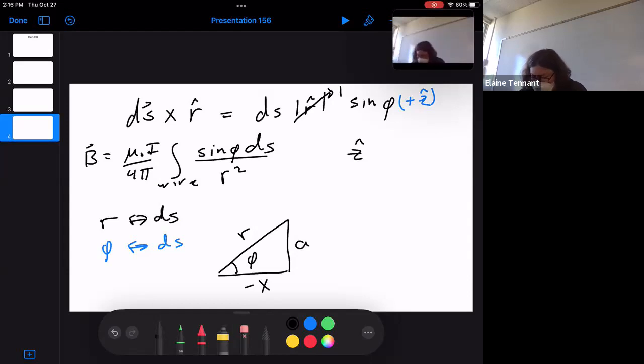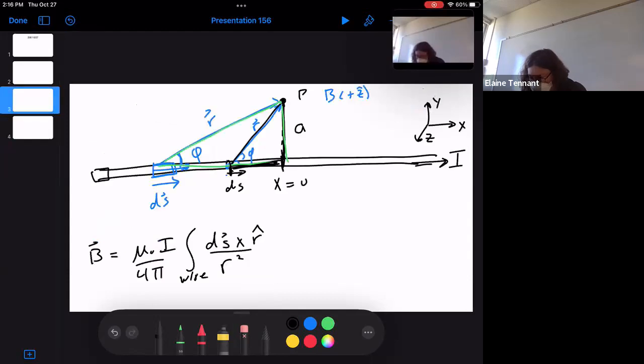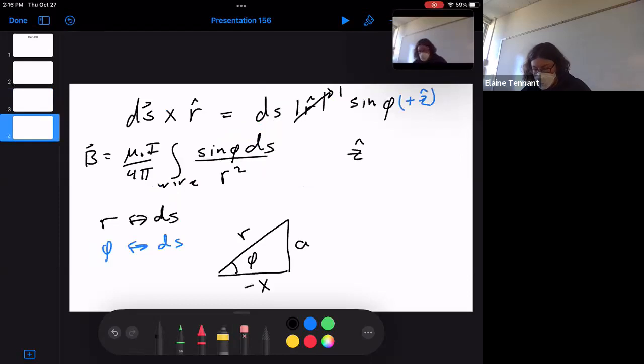So last thing, we've almost got it in terms that are a little easier to talk about. The last thing I want to talk about is ds in terms of x, y, and z. Looking at my ds's in terms of x, y, and z, what direction are they in? X, yeah. So instead of ds, I'm just going to write down dx. Okay, so ds is going to become dx.